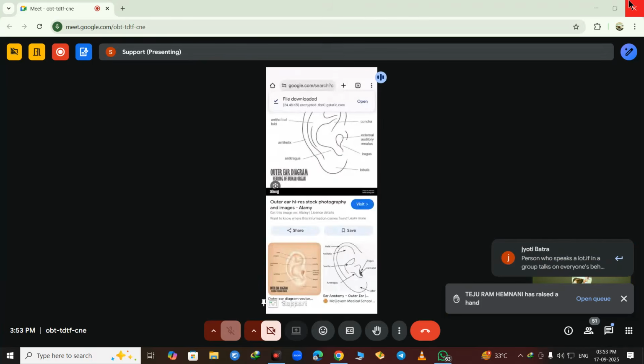Okay. So here is the simpler form of simple picture, so that I can draw some points here easily. So this is your lobe. And this is the face, skull.